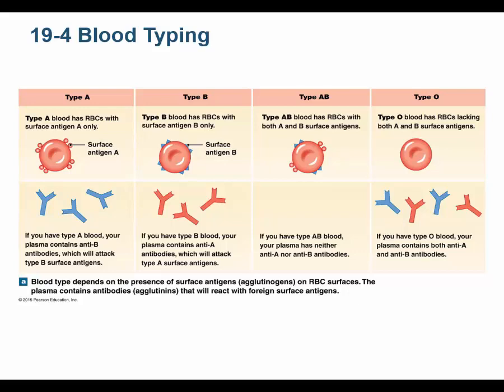There's Kidd, Kell, Duffy, Lewis, Lutheran, I, MNS, P, and I'm sure I'm missing a bunch. I actually know I'm missing a bunch. I just don't remember all of them right now. So there are lots of antigens on red blood cells, and ABO and Rh is just a major group.